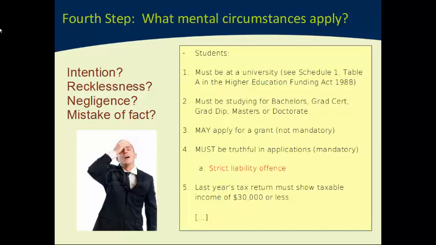At the very least, recovery of the grant money. Best way to do this is to make it a strict liability offence, and then if there was a mistake of fact and the student has made a valid mistake, they're going to be able to make that argument in their own defence.